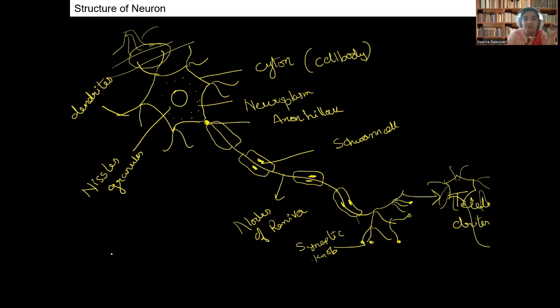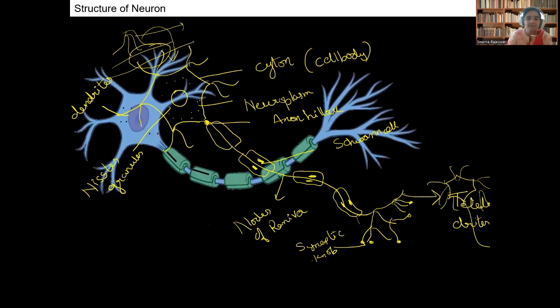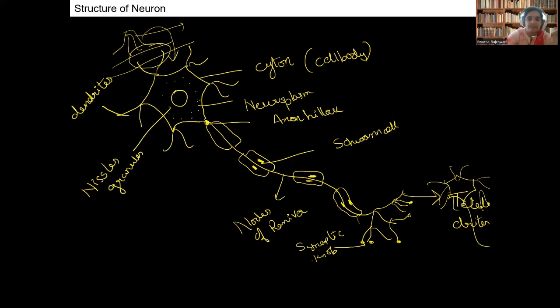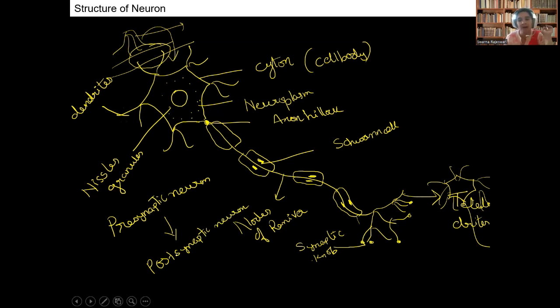This neuron which is present before, the previous neuron, we call as presynaptic neuron, which sends the impulse. The next neuron which receives the impulse, we call as postsynaptic neuron. So this is the structure of a multipolar neuron.